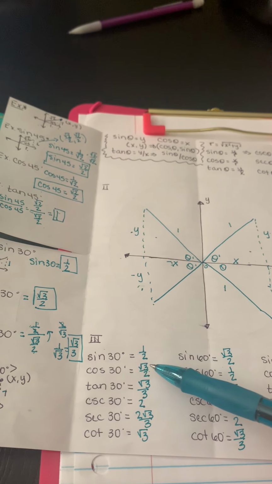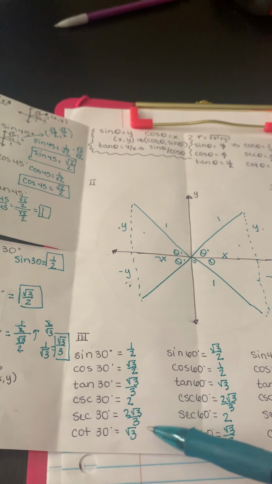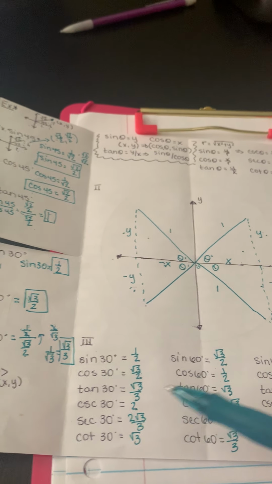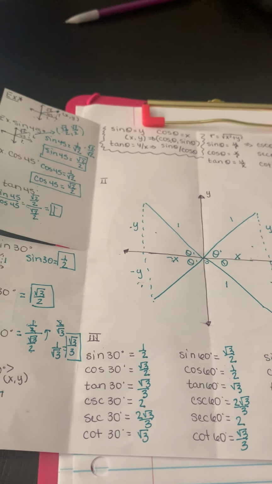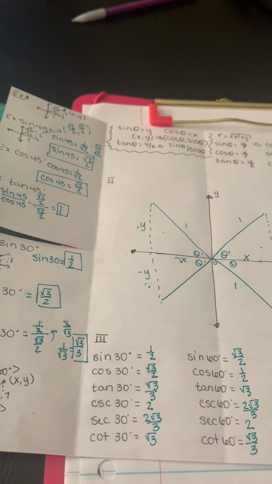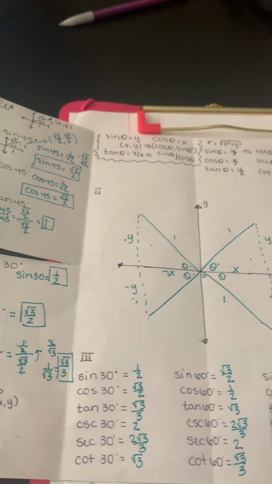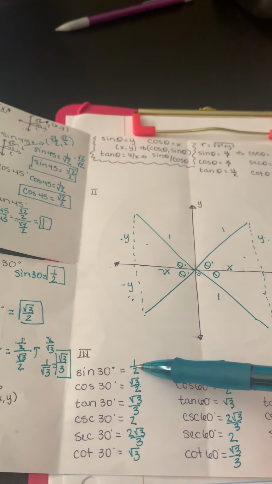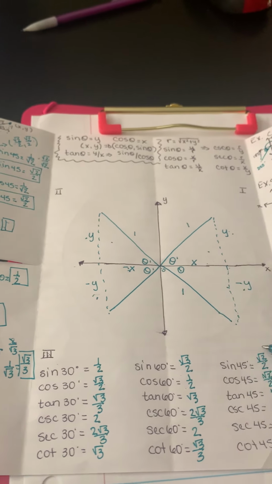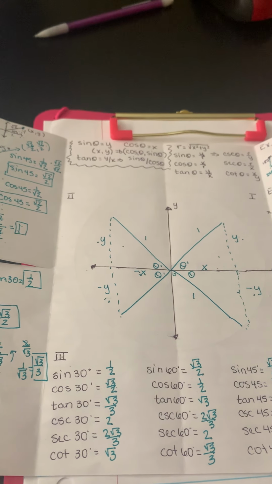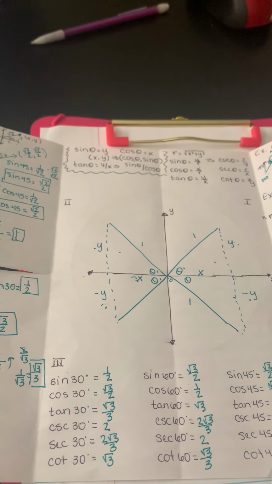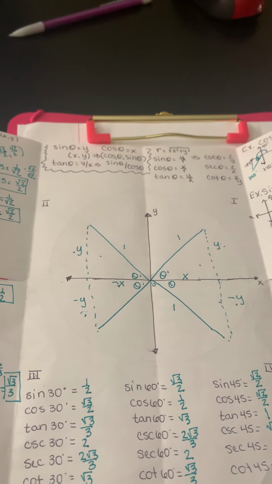So if you know these, then you can find the reciprocals of the other 6. You're going to eventually automatically know, because you're going to be doing them so much, especially when you get into pre-cal, that cosecant of 30 is 2. But until then, the ones that I need you to remember are these 9, okay, to have memorized. And then these you can work out by finding the reciprocal, okay?